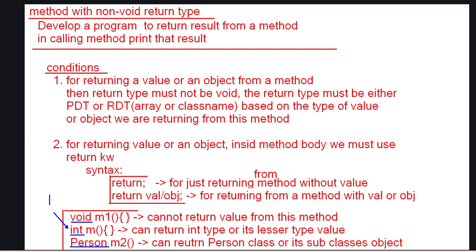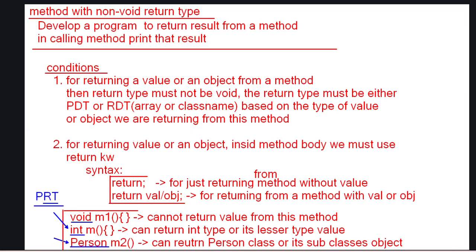Now this int is called PRT, and now here int is a data type or return type? Return type. In variable creation, it is a data type. In method creation, it is what? Return type. What is this int? Primitive return type.